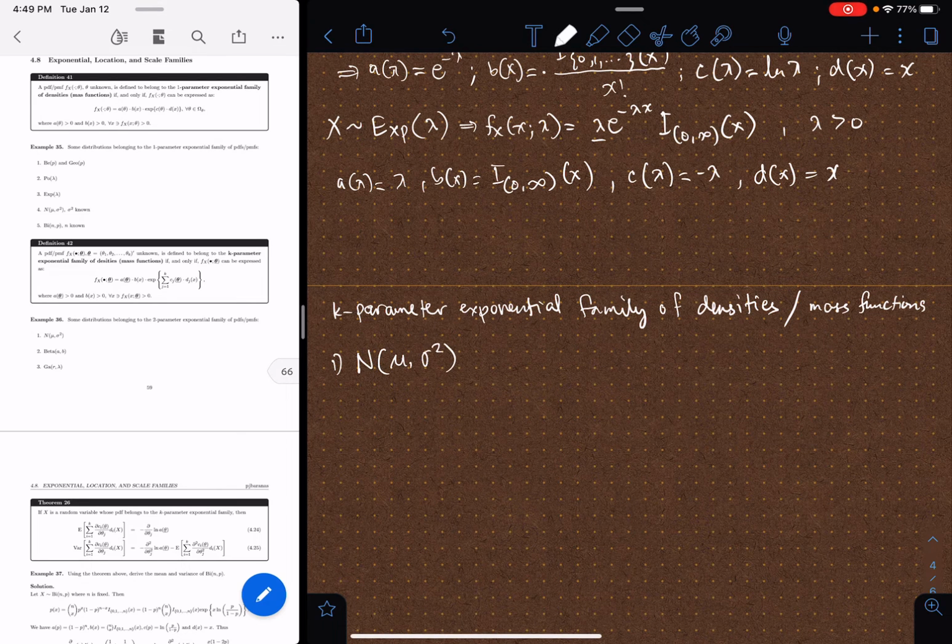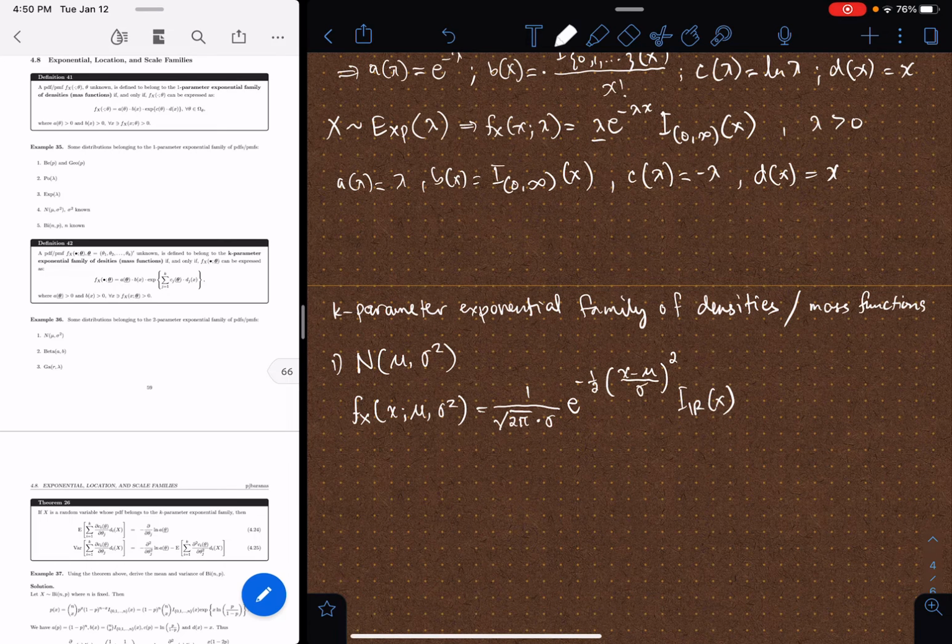Okay, so in this case, the density, which is a function of the parameters mu and sigma squared when both are unknown, is 1 over square root of 2 pi times sigma times e to the negative 1/2 of x minus mu over sigma quantity squared I r of x.